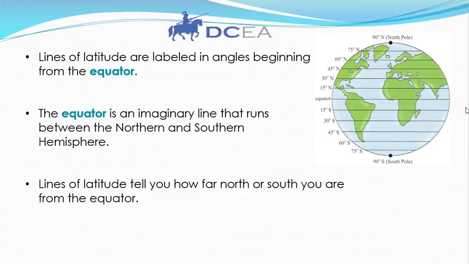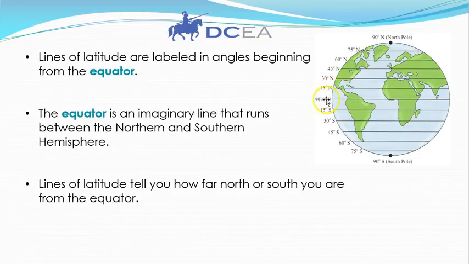Lines of latitude are labeled in angles beginning from the equator. So the equator is about halfway up here, and it's basically an imaginary line that runs between the northern and southern hemisphere. Lines of latitude are used to tell you how far north or south you are from the equator.